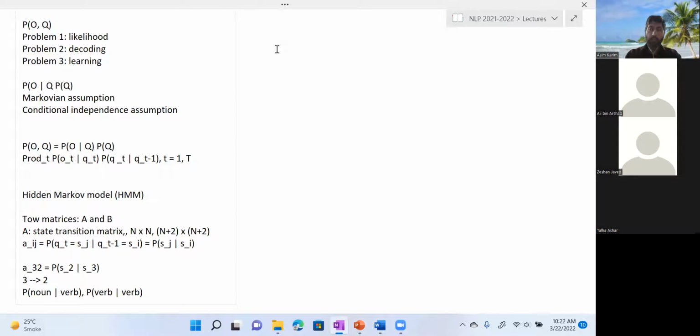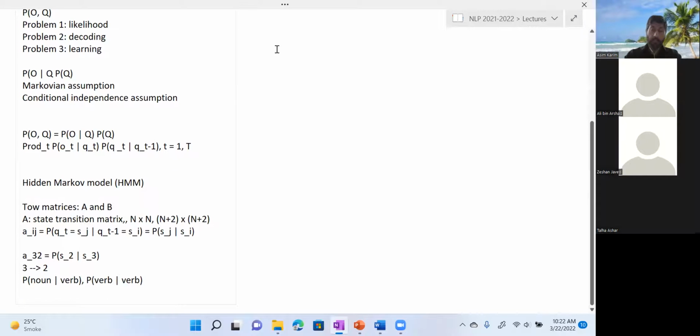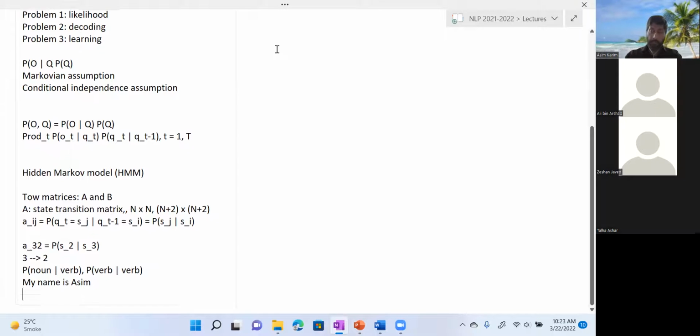If you think of the English language, the probability of a verb coming after another verb is quite low, very unlikely. But the probability of a noun coming after a verb is more likely. For example, my name is Asim. Is is a verb and Asim is a noun. So this is common, but having two verbs together is very unlikely.